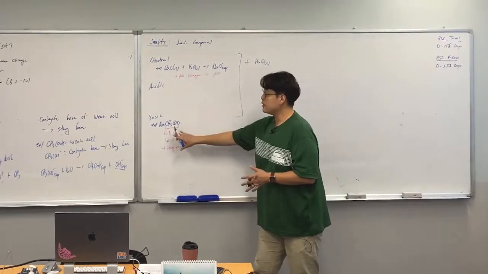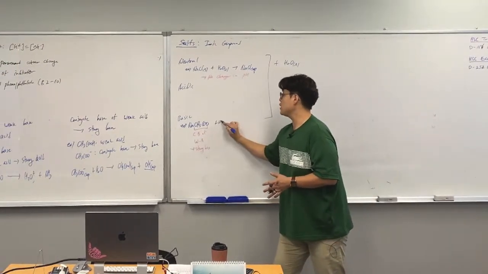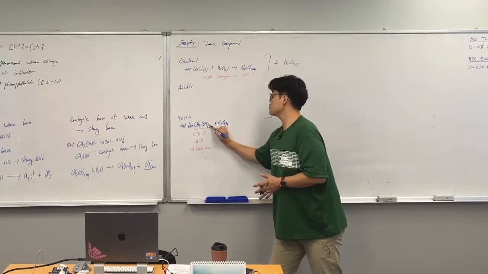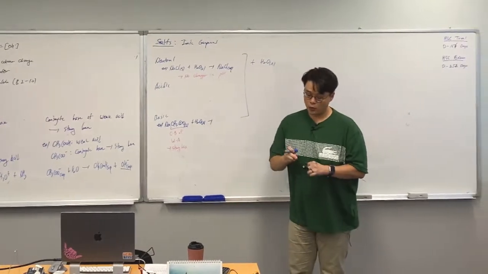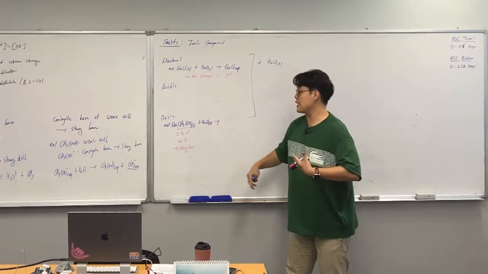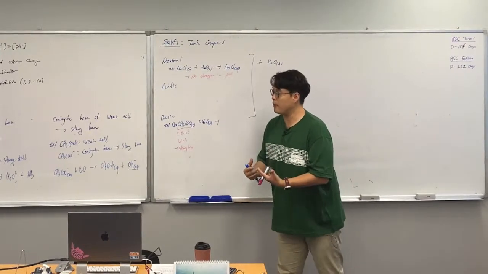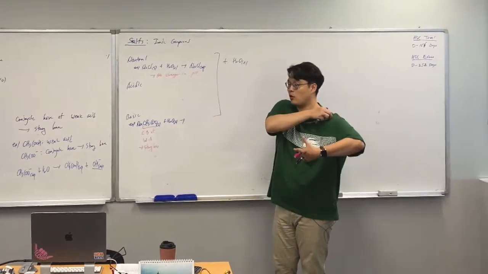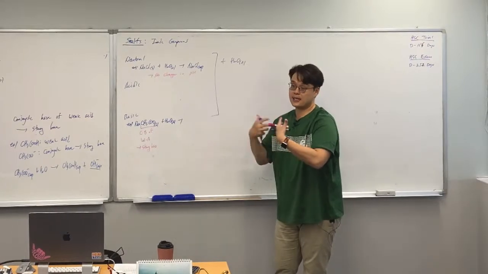Means that when this is reacting with the water, H2O, assuming that we have a solid of that, this will now work as a strong base. Remember the base, according to Bronsted-Lowry, is a proton acceptor.